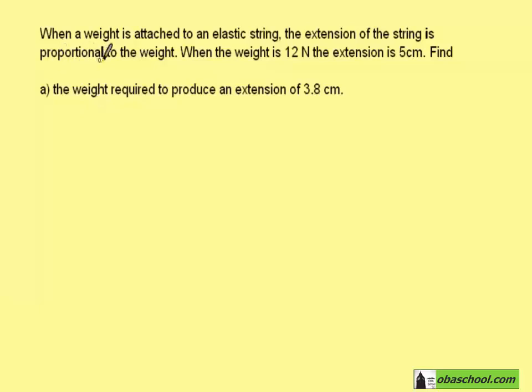When a weight is attached to an elastic string, the extension of the string is proportional to the weight. When the weight is 12 newtons, the extension is 5 centimeters.